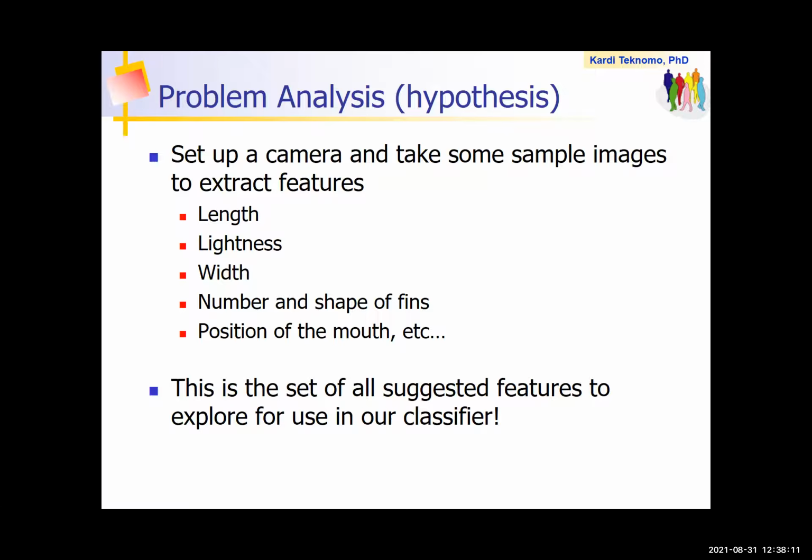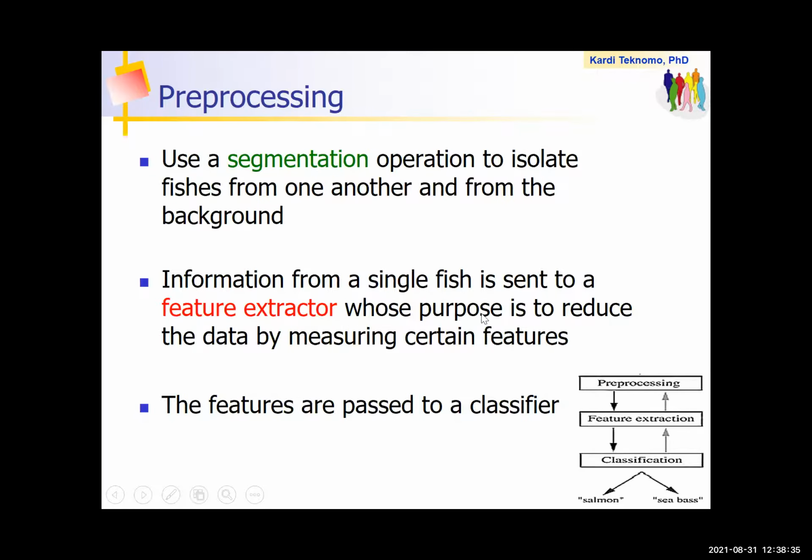What are the variables that you want to use? There are many possibilities, for example, the length of the fish, the lightness, the width, the number and the shape of the fins, and so on. Remember, we use just a camera. So you can suggest any features to explore in your own classifier.